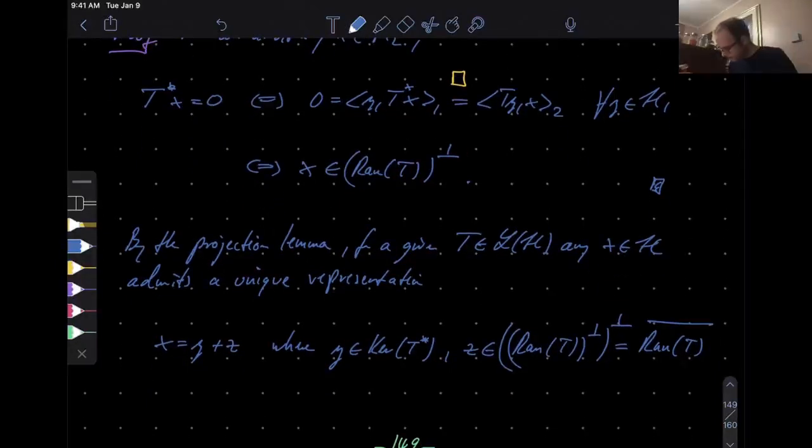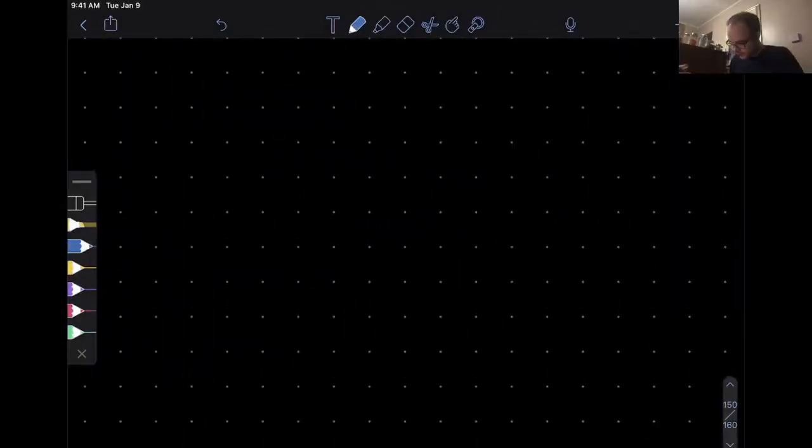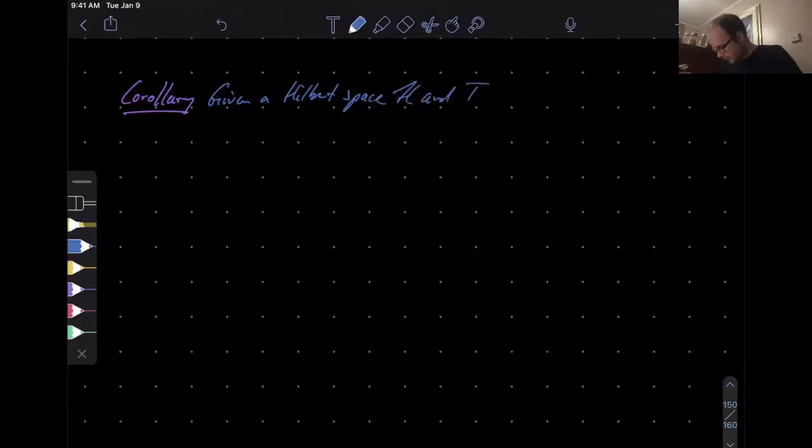In turn, if we use the language of complementary subspaces, which we discussed in chapter 3 right before we proved the closed graph theorem, this just says the following thing: given a Hilbert space H and T a bounded linear operator, then the kernel of the adjoint, kernel T star, and the closure of the range are complementary subspaces.